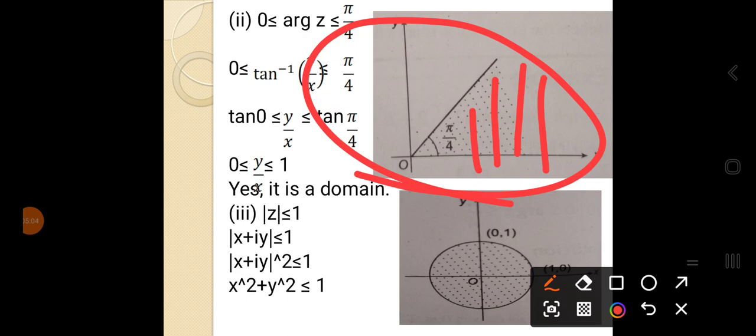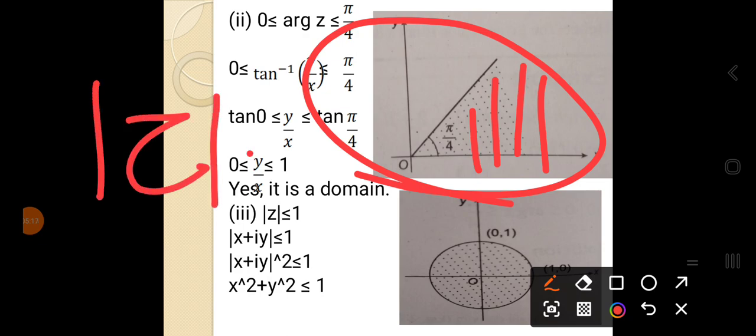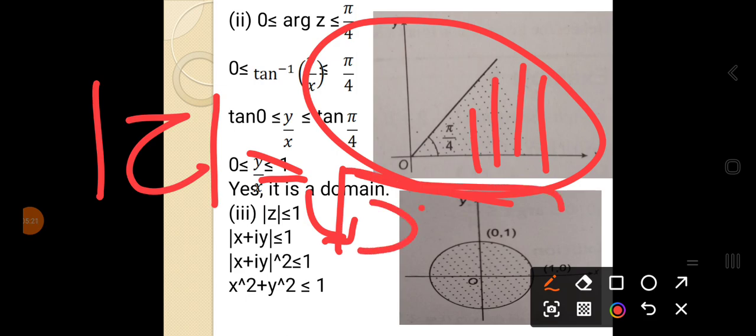The formula for modulus z is the square root of x square plus y square, but here the modulus is squared, so we can write x square plus y square is less than or equal to 1.